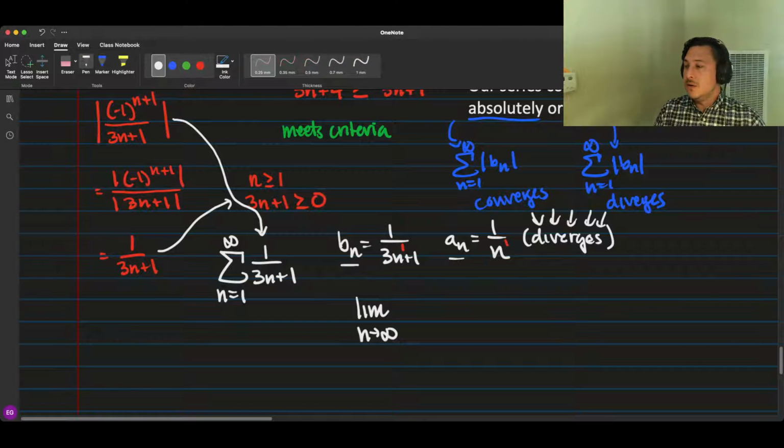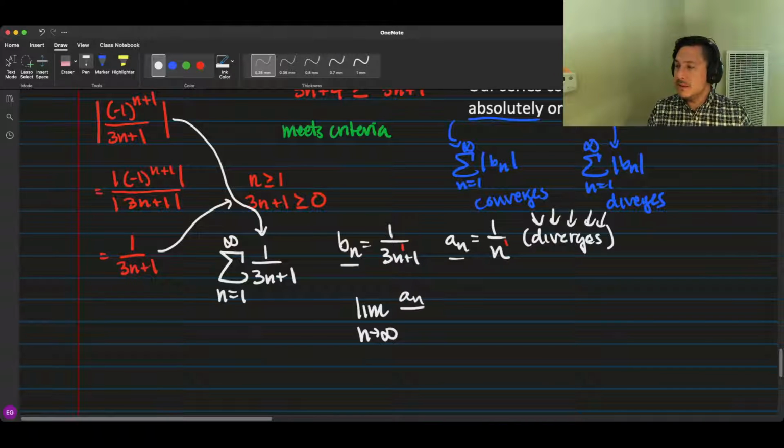Okay. So, limit comparison test, what do I take the limit of? If I want to do the limit comparison test, what do you take the limit of? Yes, an over bn, awesome.